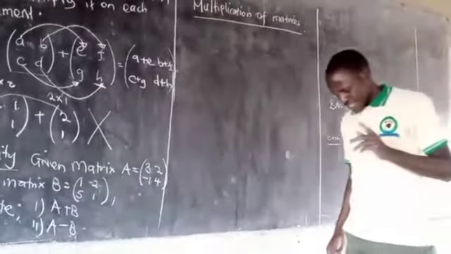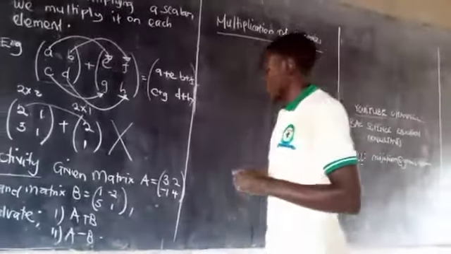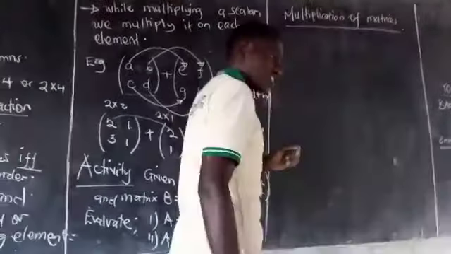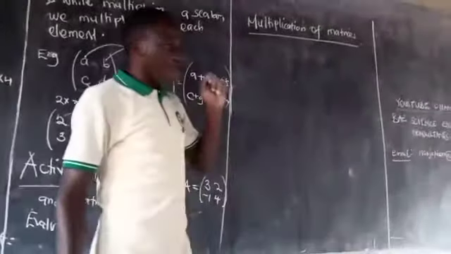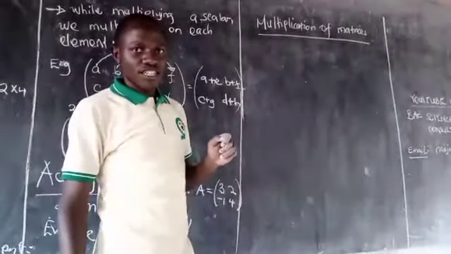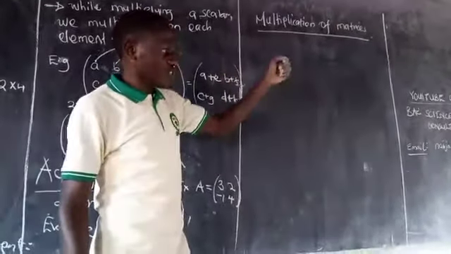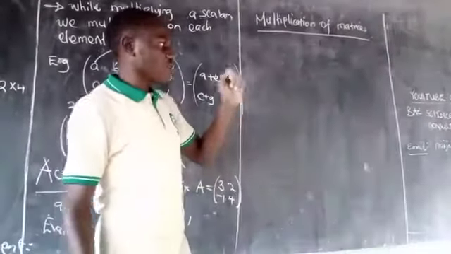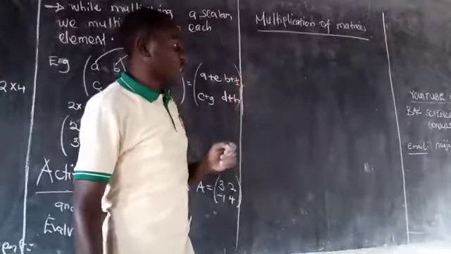A pair of matrices is said to be compatible if the number of columns of the first matrix is equal to the number of rows of the second matrix. That is what we mean by compatibility.